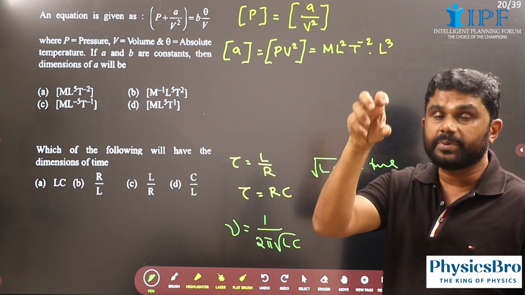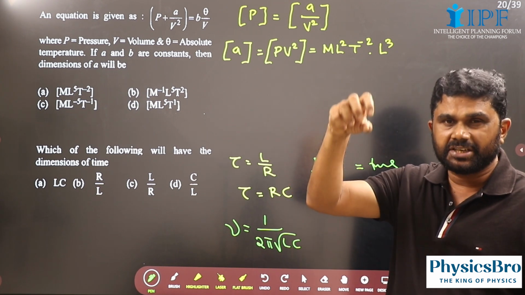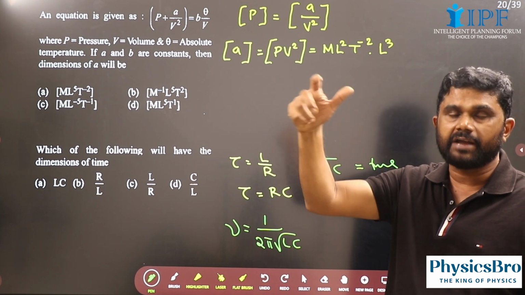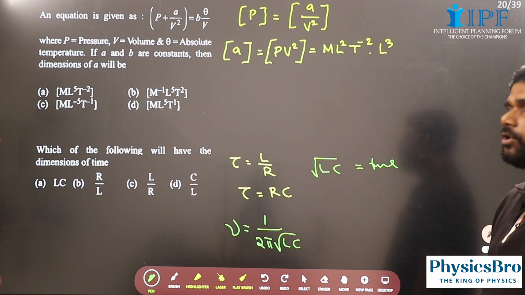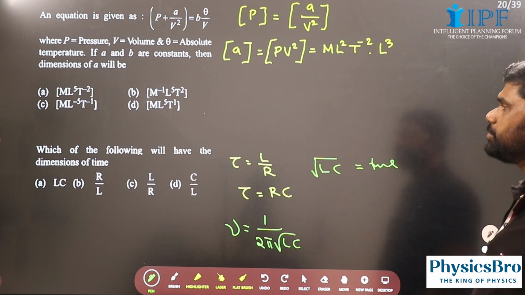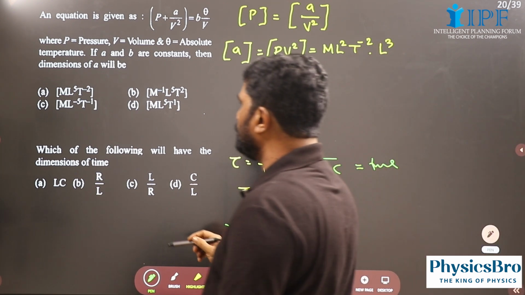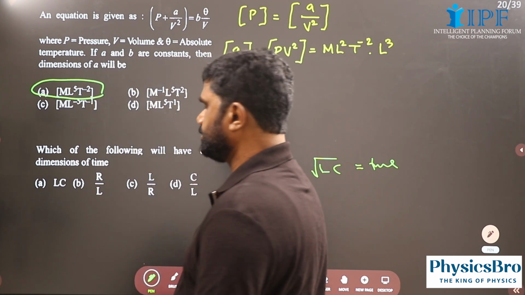Okay, so we can write P V into V, meaning work done into volume. Work done is M L square T raised to minus 2, and volume is L cube. So it must be M L raised to 5 T raised to minus 2. Okay, so this is the answer.